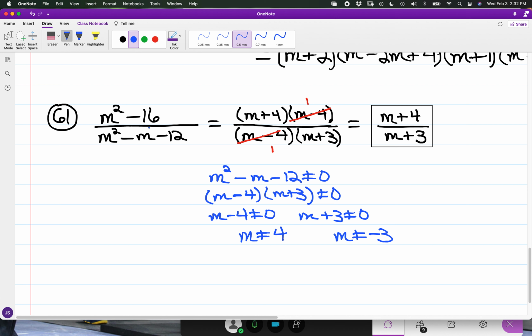On the basis of the original setup, 4 is baked in as a value that m cannot be, and the cancellation of m minus 4 does not undo the restriction. So you have m cannot be 4, and m cannot be negative 3.